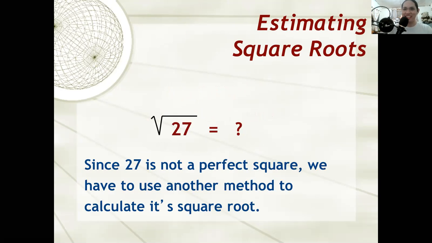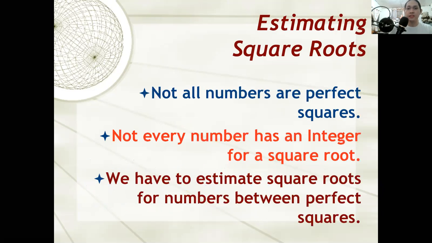Are you ready? We can estimate square roots if the number is not a perfect square. Please take down note of that. In estimating square roots, not all numbers are perfect squares. Also, not every number has an integer for a square root.